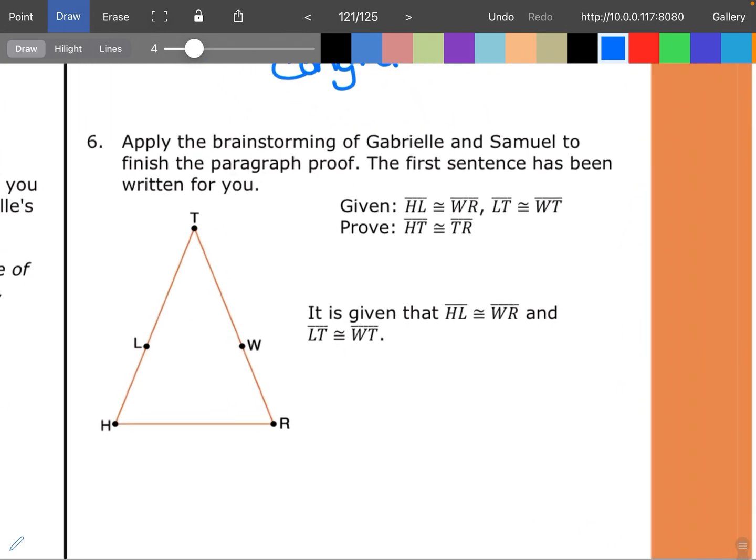So we always start with our given. It's given that HL is congruent to WR and that LT is congruent to WT. We know that we're going to use the segment addition postulate in some form or fashion. And the segment addition postulate is equality.